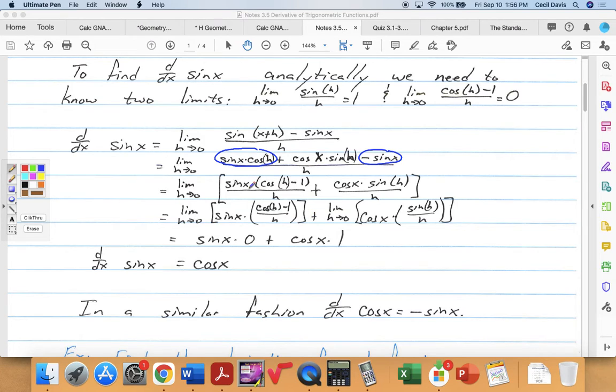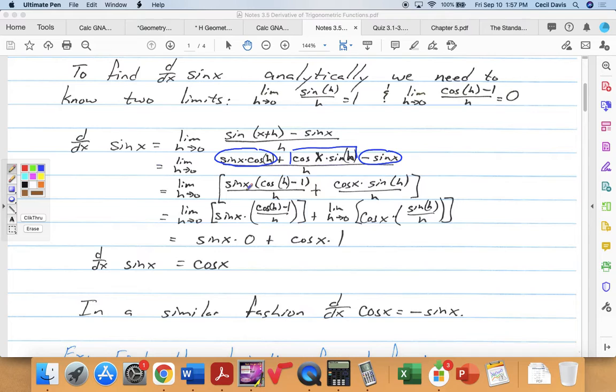So that'd be sine of x times (cosine of h minus 1) all over h plus, now I still have this term, cosine of x times sine of h over h. All that makes sense to you mathematically, that's algebraically legal? Yes. Okay. Yeah, the math police aren't going to come get us.